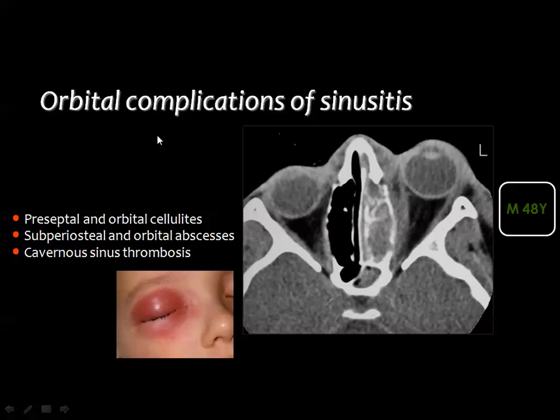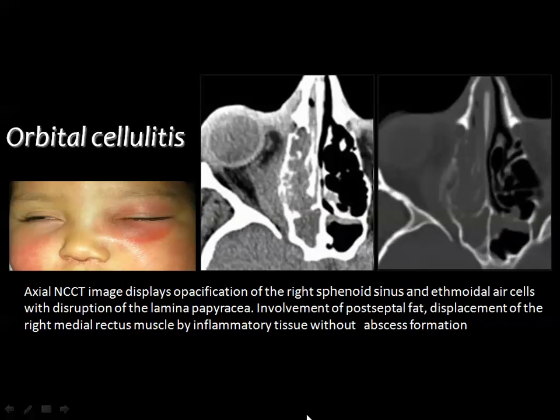The orbital complications of sinusitis may include orbital cellulitis, the development of subperiosteal and orbital abscesses, and what's very important is the access to the cavernous sinus leading to its thrombosis, and this is a frequent, known complication of sinusitis, in the sphenoid sinus especially.